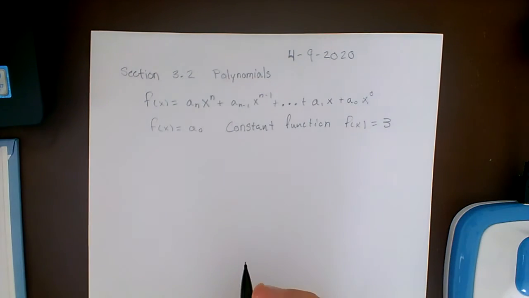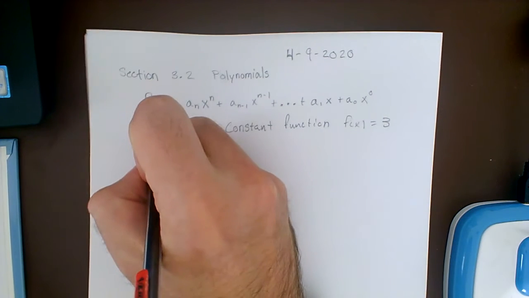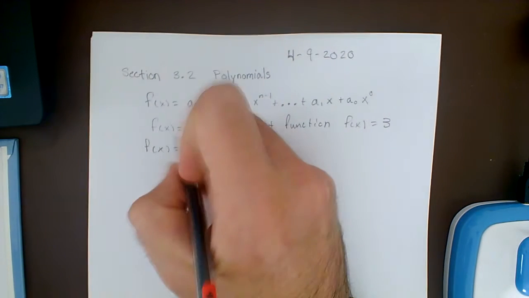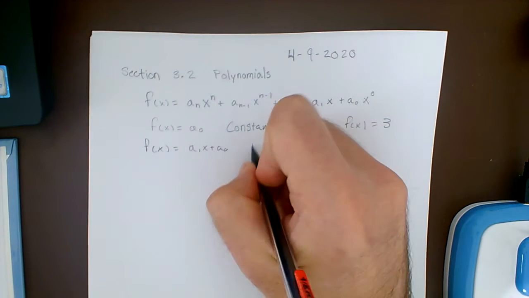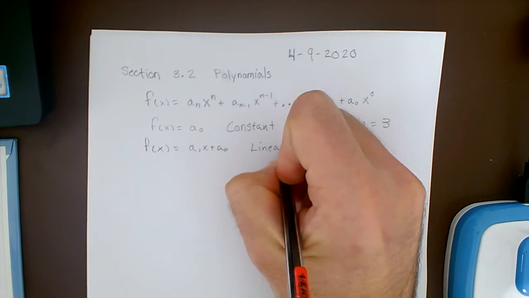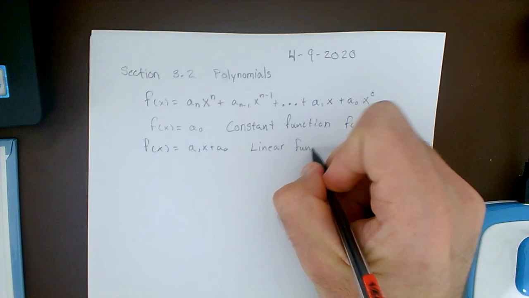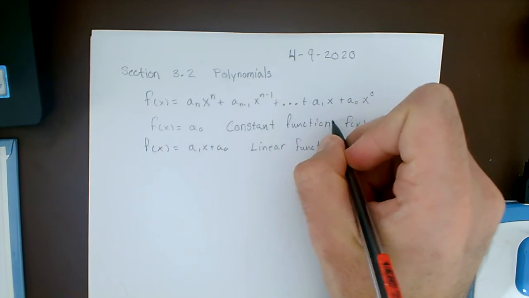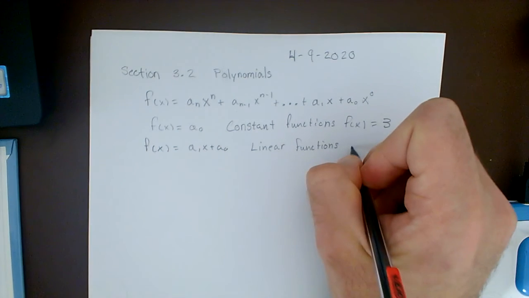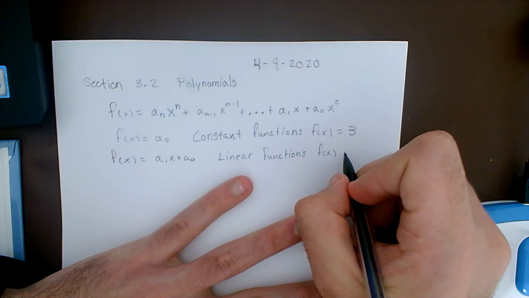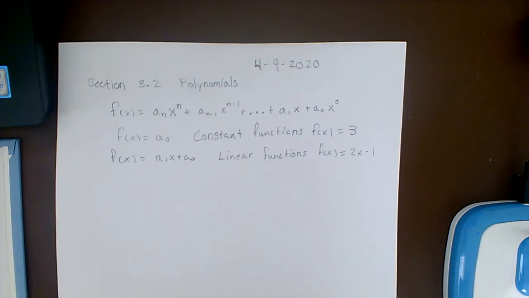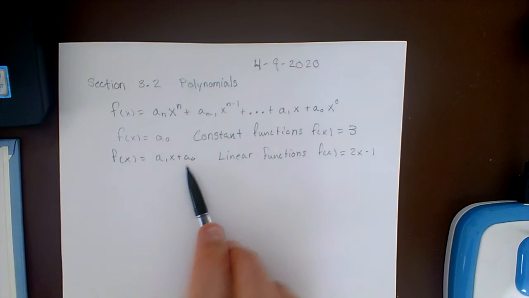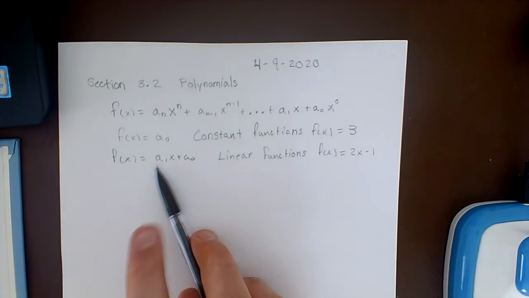We've also talked about linear functions. So you could have f of x be 2x minus 1. Right, so this one, a0 would be -1 and a1 would be 2.